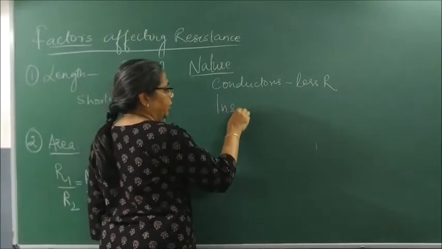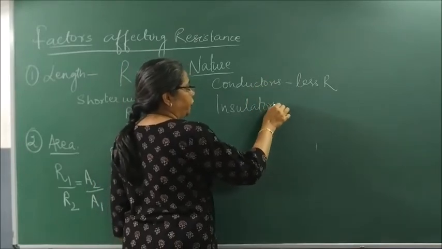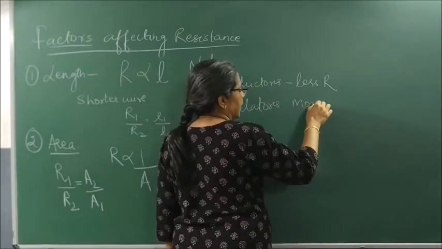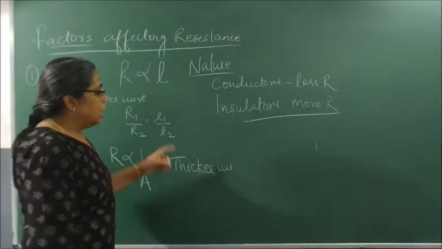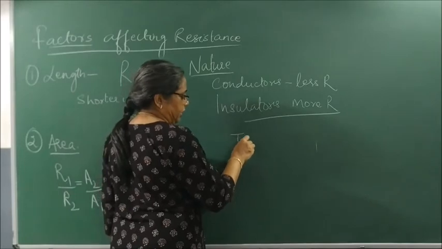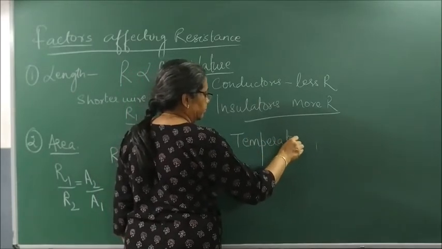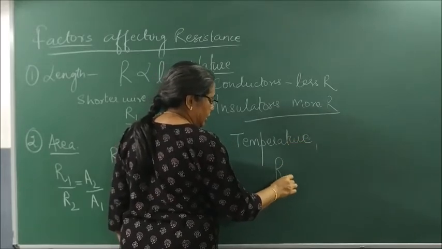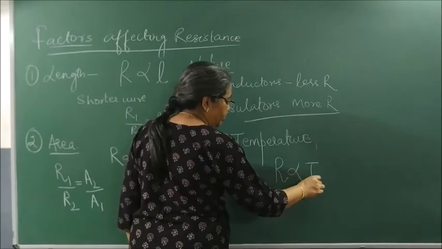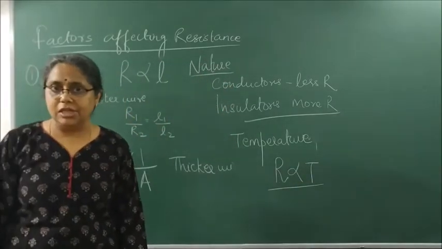Insulators offer more resistance as they do not allow the current to pass. The last factor, or the fourth factor, is temperature. As temperature increases, resistance also increases.